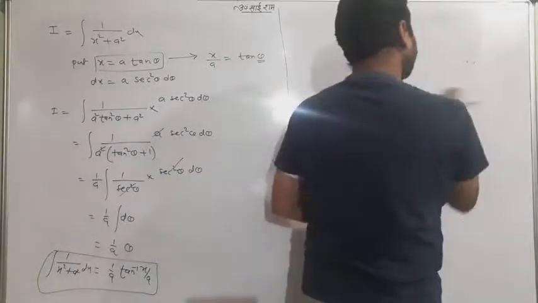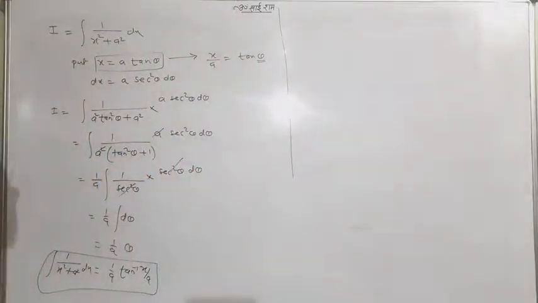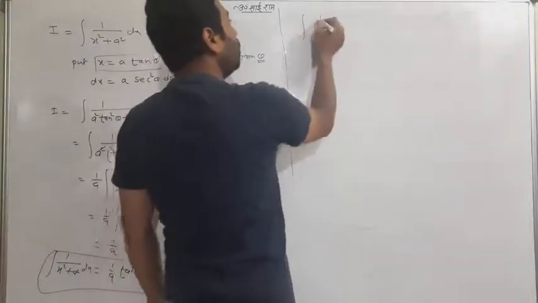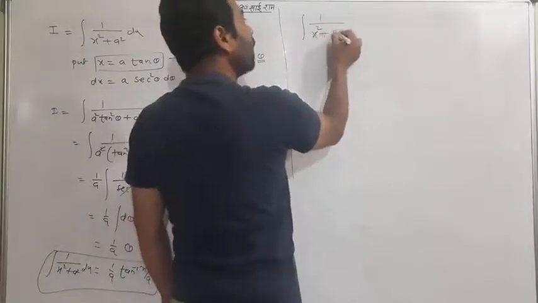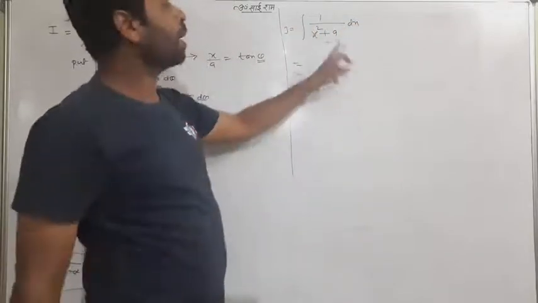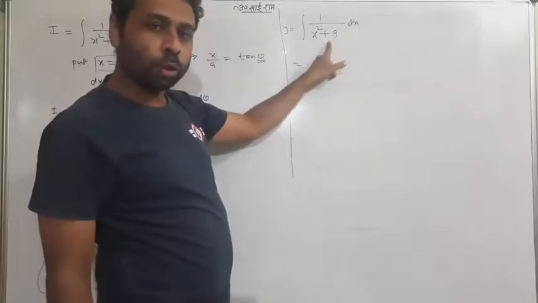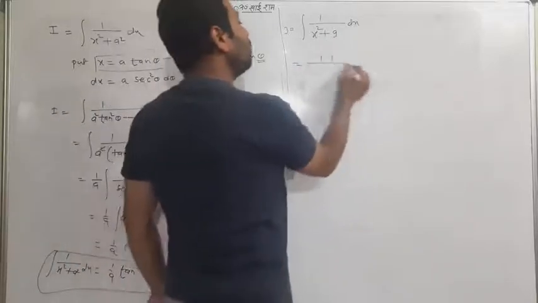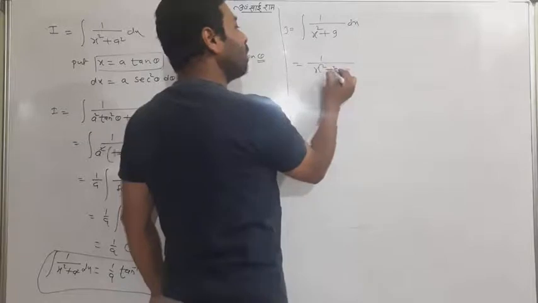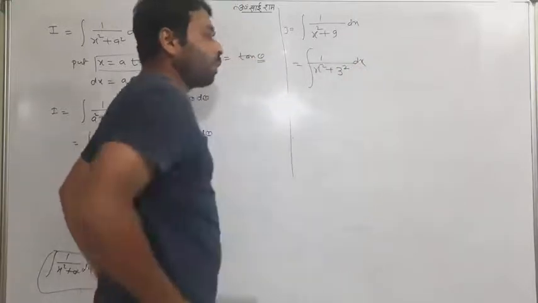I just want to tell you one small example so that you can understand easily. Suppose 1 upon x square plus 9 is here. If the question comes as 9 plus x square, you should understand that since you have a plus sign between them, both have the same meaning. So you will write x square plus, instead of 9, 3 square. That is very important to write 3 square here.